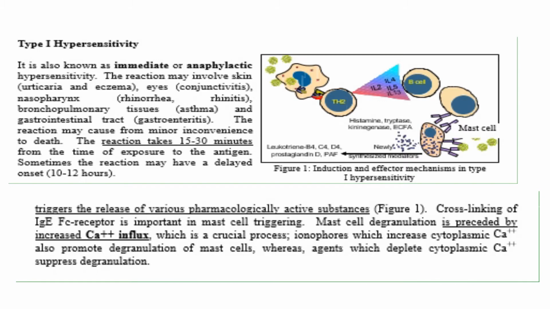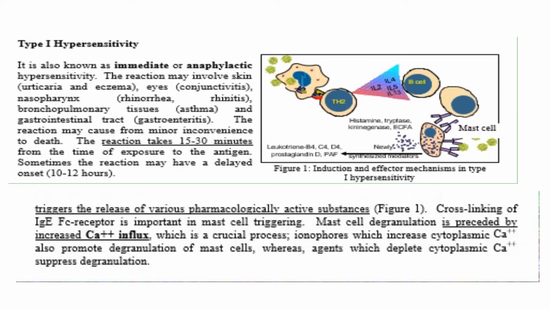You know mast cells have granules. These granules contain pharmacologically active substances. These pharmacologically active substances are responsible for the development of this type of hypersensitivity reaction. So cross-linking of the IgE Fc receptor is important in mast cell triggering.